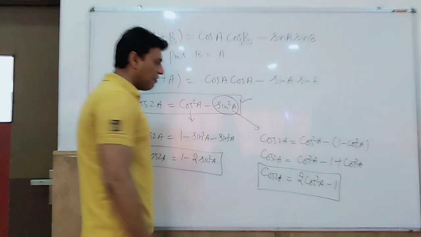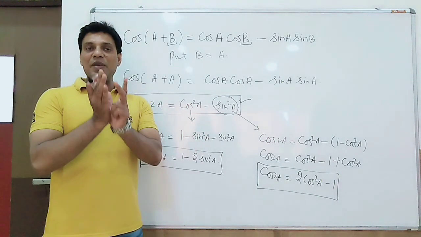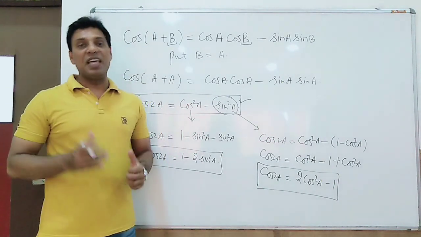So you see we have three formulas for cos 2A, and it will depend upon the situation which formula we have to apply.